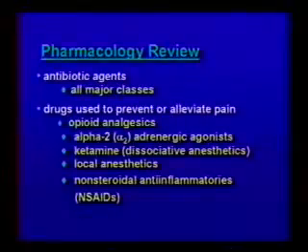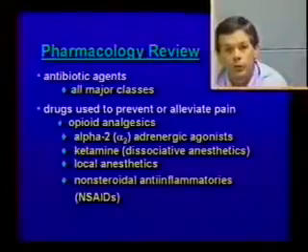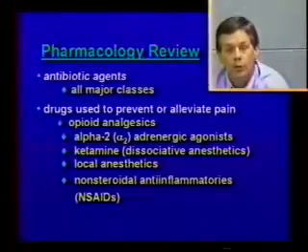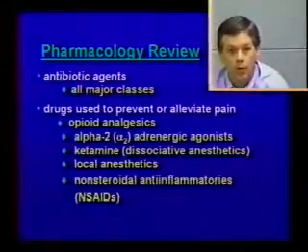And as you can see here, this consists of 5 major classes of drugs that I would like to cover during this time. The first 3 listed on this slide, the opioid analgesics, the alpha-2 adrenergic agents, and the dissociative anesthetics, of which the prototype is ketamine, are all classes of compounds that act within the central nervous system to control pain in an animal.